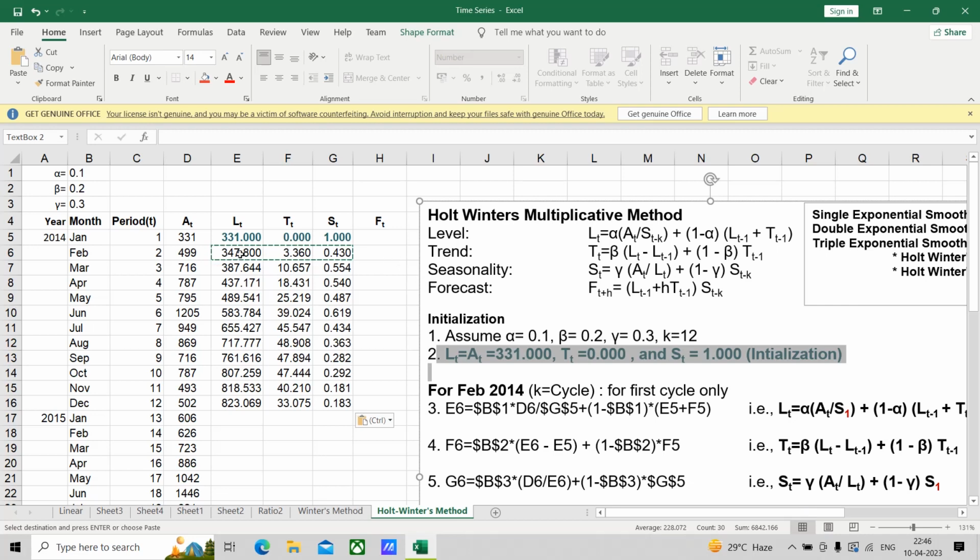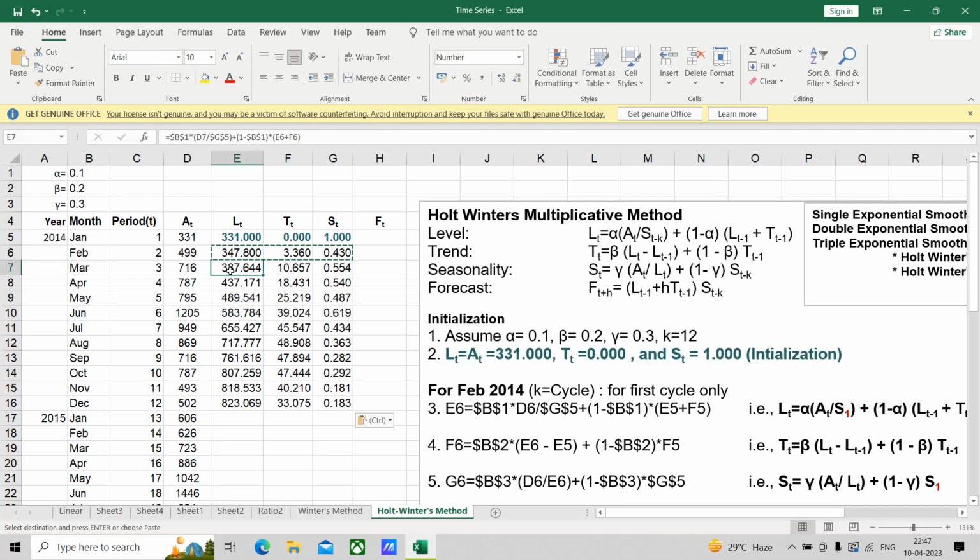When we copy this formula, the other values will be automatically changed. For example, if we click this third period, we will see here, this is the alpha value, this is D7, I mean this actual demand.